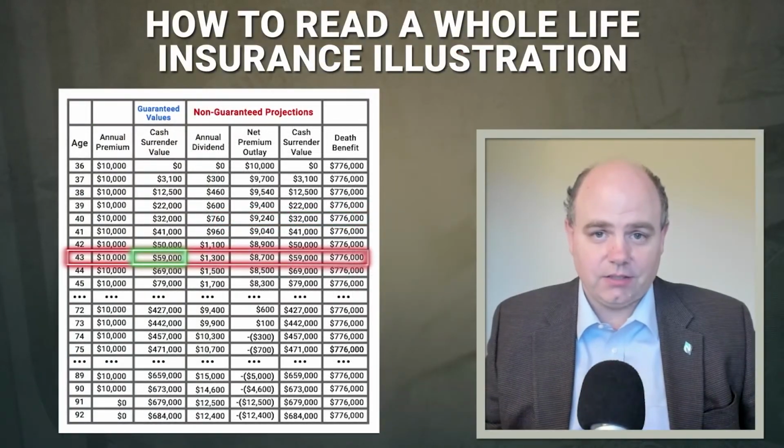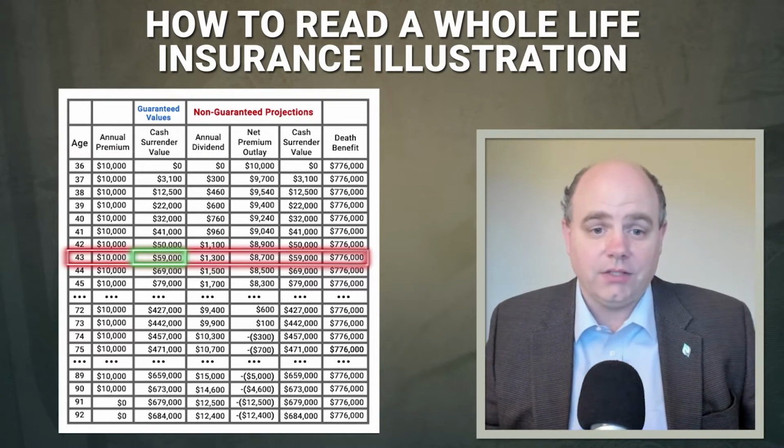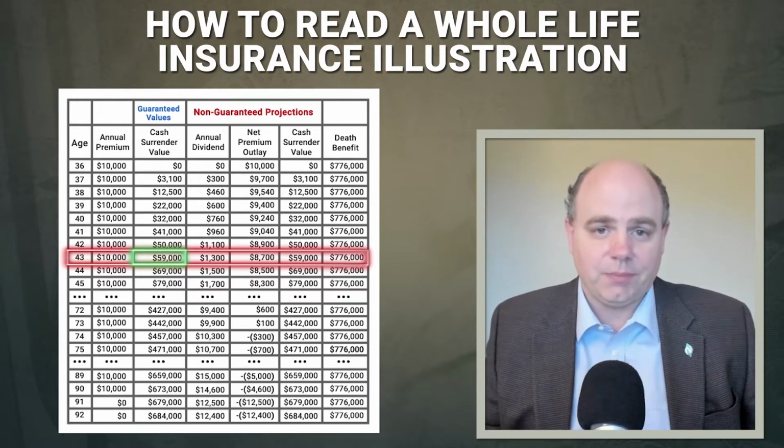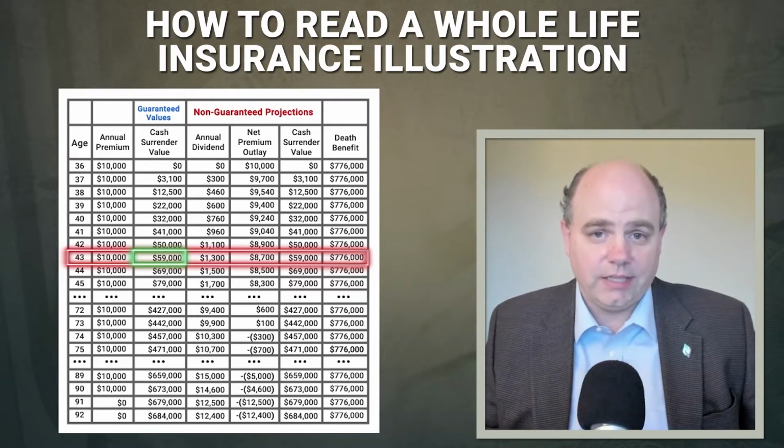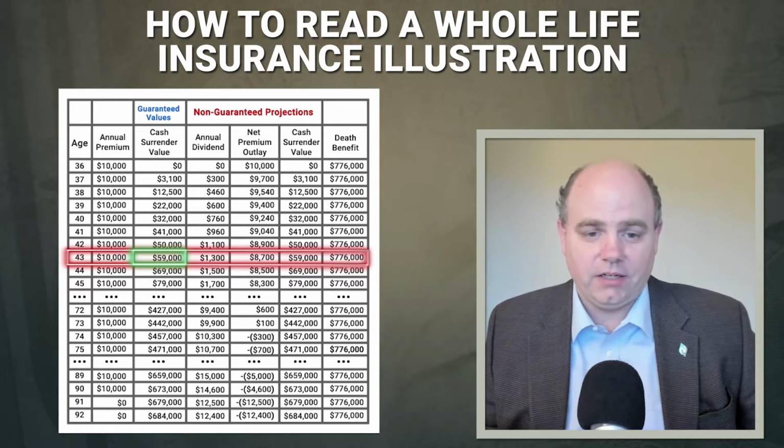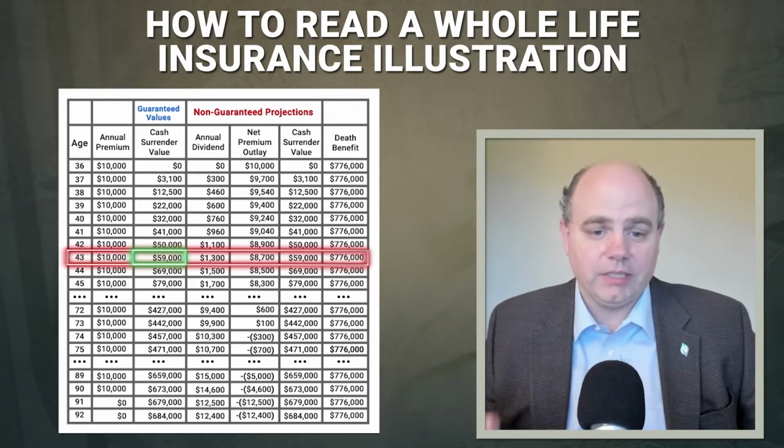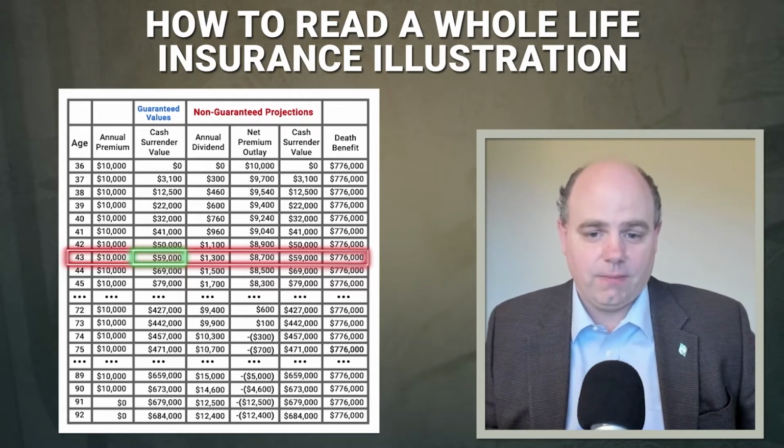What that means is, contractually, if you were to take out the life insurance policy to which this illustration corresponds, they're guaranteeing it to you. They're not just saying, we hope this is the case. They're guaranteeing that if you take out this policy the way it's structured here, so long as you make those annual $10,000 premium payments, if you get to be age 43 after you've made that $10,000 payment for that year, we guarantee that if you walk away from this policy, we will give you at least $59,000.